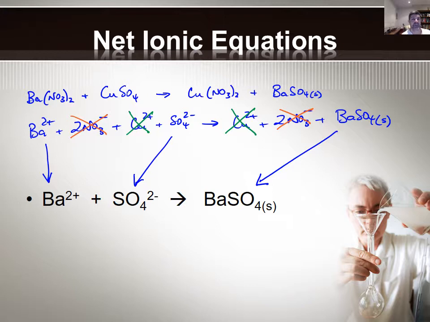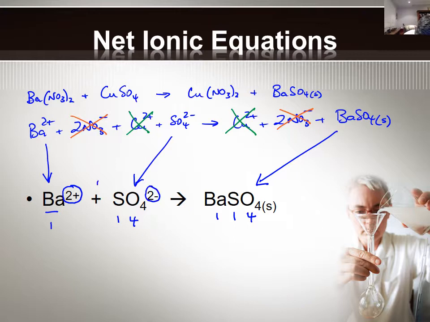Just to double check to make sure that you haven't made any mistakes, we should make sure that we balance the atoms, 1, 1, and 4, and 4. And we should also make sure that we balance the charge. So in this case, we have a 2 plus, and we have a 2 minus.